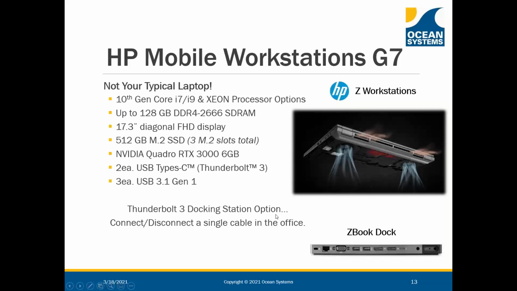We have 3 basic models that we've kind of gravitated toward: a 15-inch i7, a 17-inch i7 with an RTX 3000 in it, and then a 17-inch i9 with an RTX 5000 in it, which has 16 gigabytes of RAM.